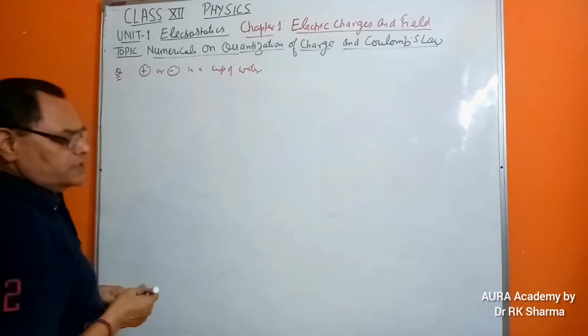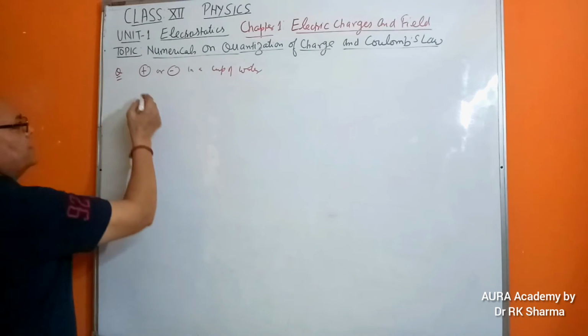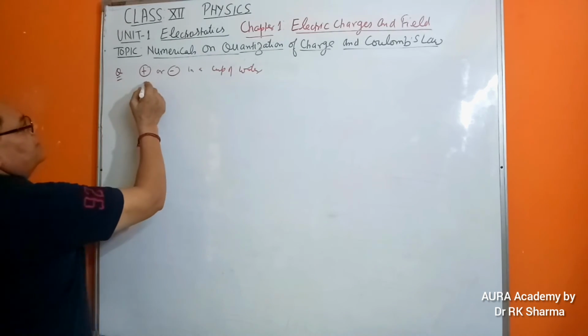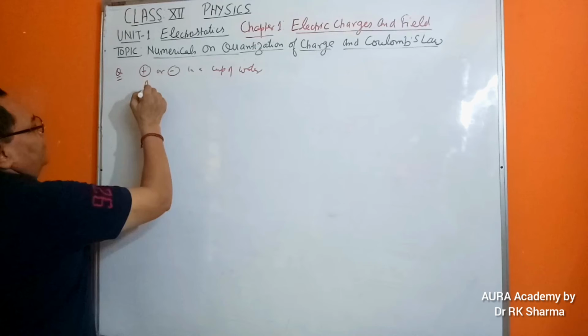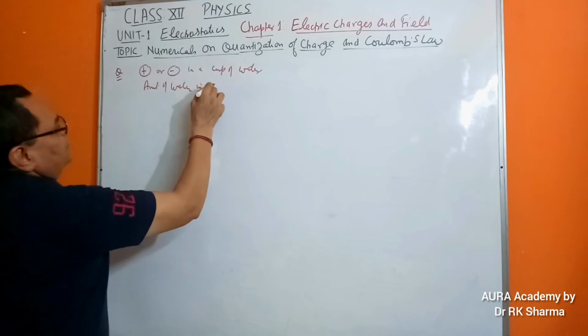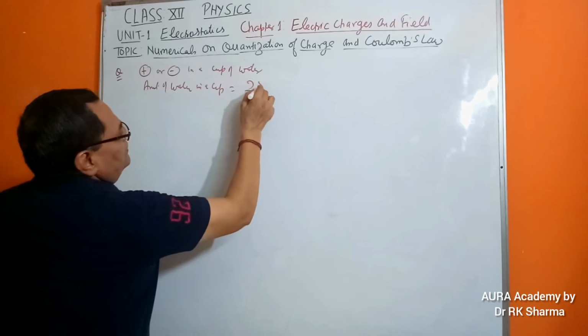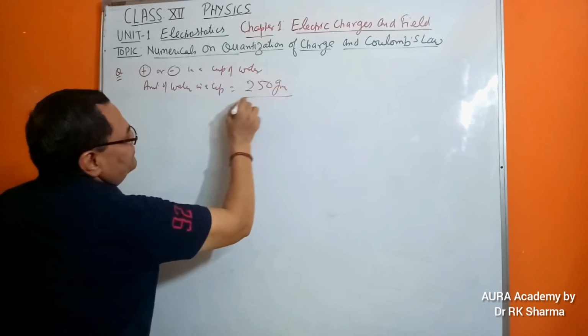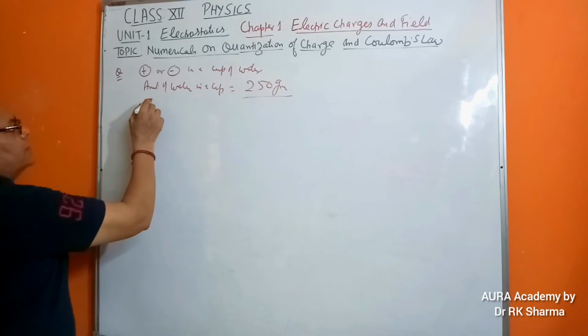So on an average, the amount of water in a cup is equal to 250 grams.